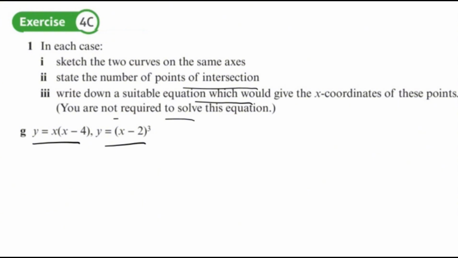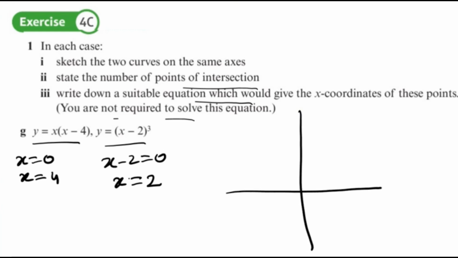Okay, let's start. First, to draw this function, x is equal to 0 and x is equal to 4. These 2 points are there. For this function, x - 2 equal to 0, so x is equal to 2, right? Now my quadratic graph is the positive x squared graph. So this is my x-axis, this is my y-axis.